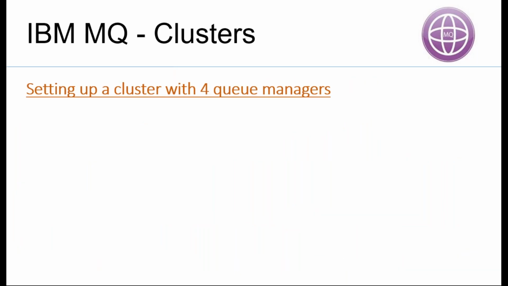Okay. Now, setting up a cluster with 4 queue managers. For this entire training, we are going to build a cluster with 4 queue managers. When we build this 4 queue manager cluster setup, building a 100 queue manager cluster is also very easy for you, because the steps are very similar.